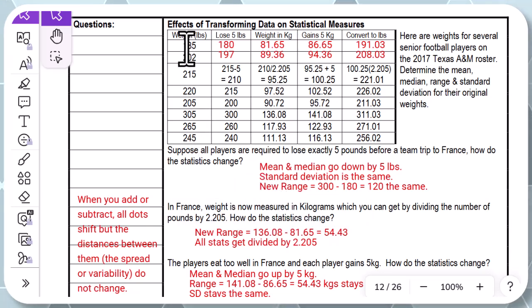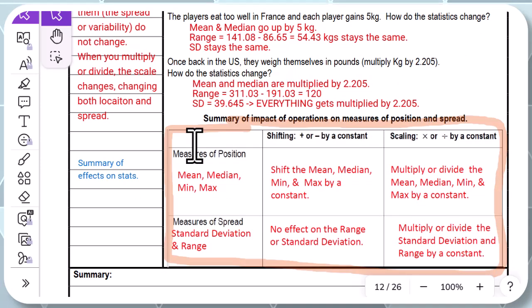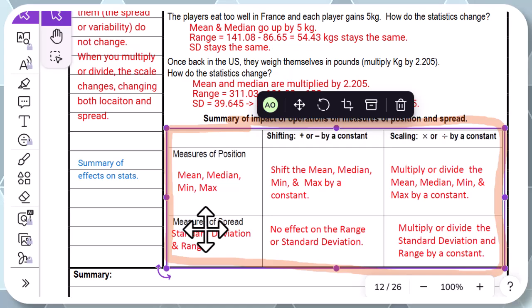If the lowest is 185 and the highest is 245, the range is 60. If everyone loses 5 pounds, then you have 180 to 240, and that range is still 60. So because it's a measure of spread, it doesn't change when you just add or subtract.